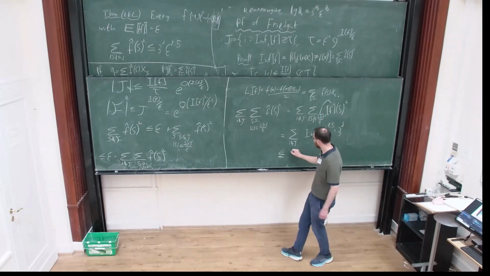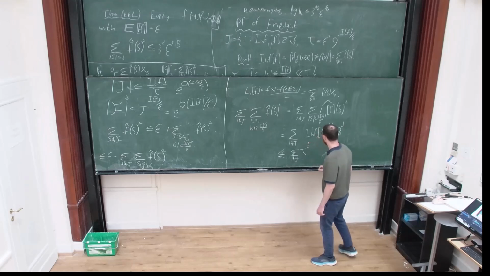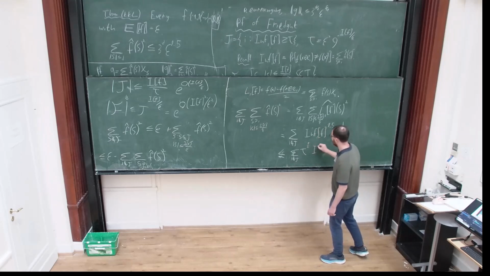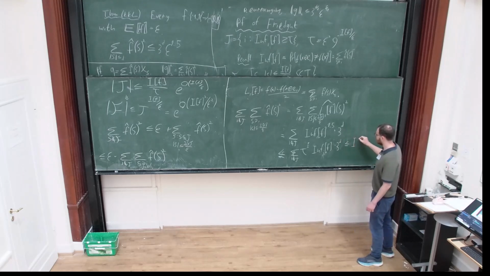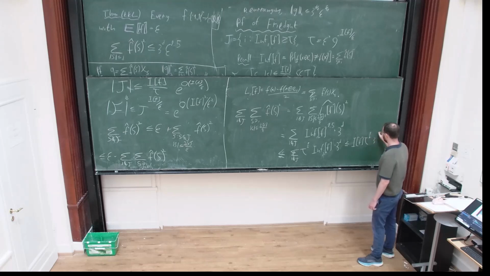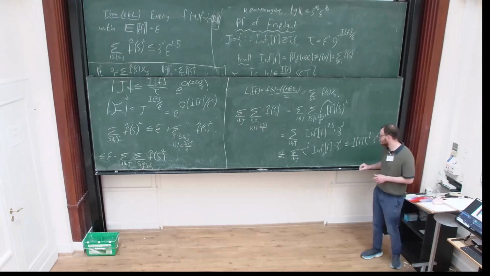And this is at most the sum over i not in J of tau to the 1/2 times the direct influence times 3 to the d, which is at most the total influence of f times tau times 3 to the d, which is at most epsilon by the choice of tau. So that completes the proof.